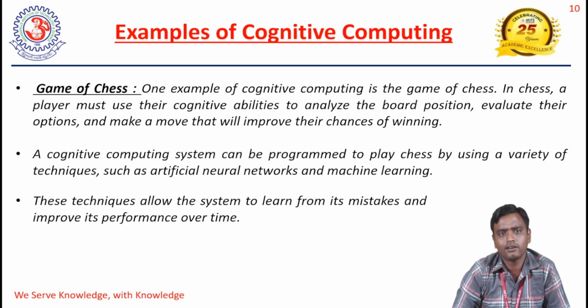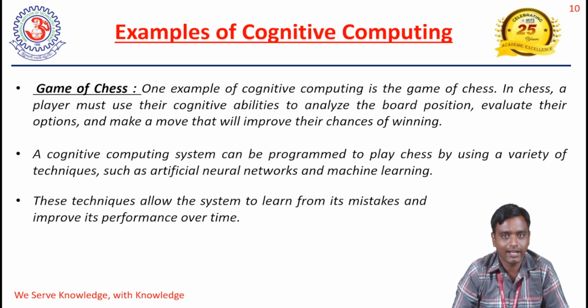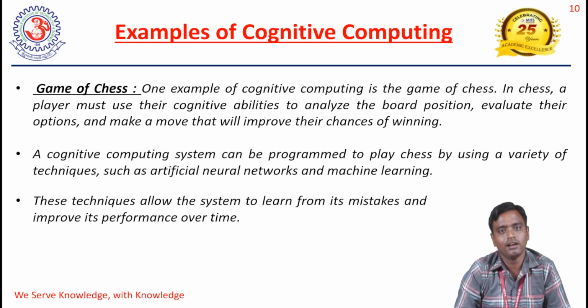So a cognitive computing system can be programmed to play chess by using a variety of techniques such as artificial neural networks and machine learning. So the same cognitive computing can be used for training a computer to play chess. So based on artificial neural networks and machine learning, we can train the computer to play chess. These techniques allow the system to learn from its mistakes and improve its performance over time.